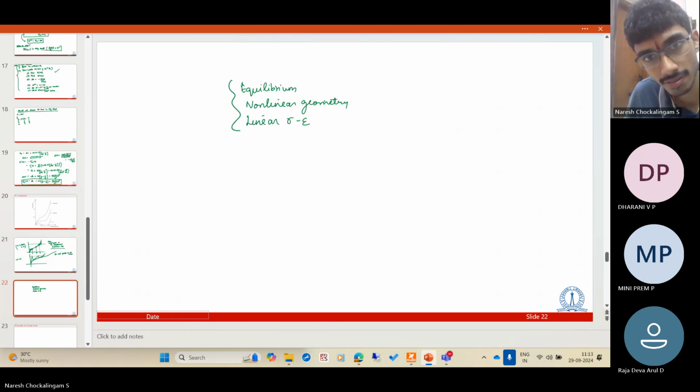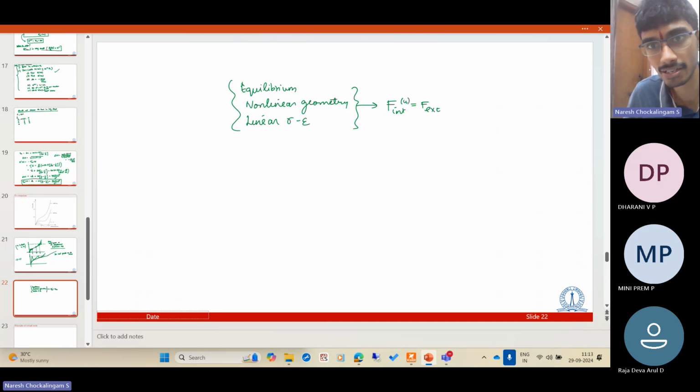So these 3 together result in a system like this: F internal is equal to F external, and F internal is a highly nonlinear function of the displacements. And now we just had one.